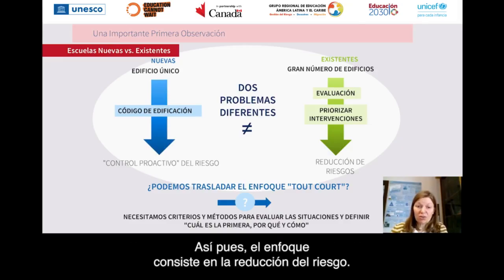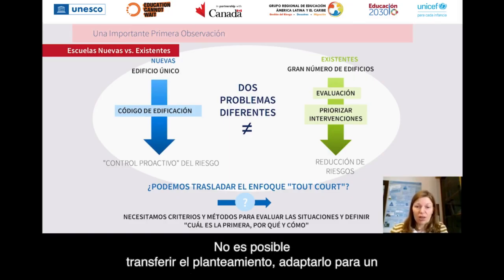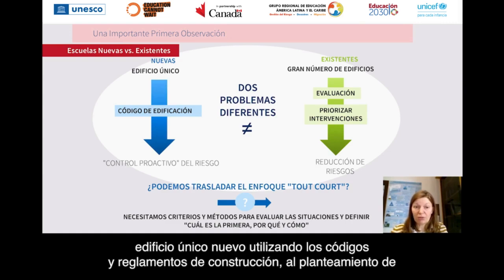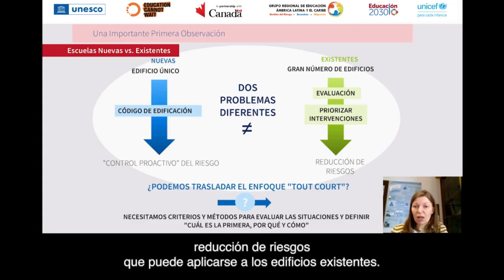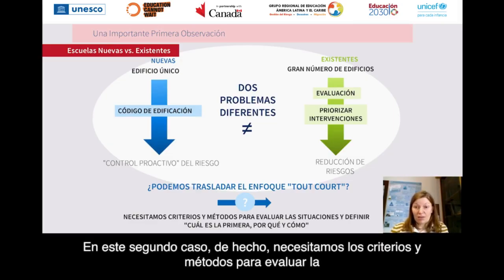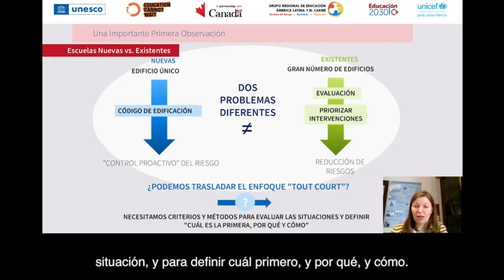So the approach consists in risk reduction. It is not possible to transfer the approach adopted for a single new building, using building codes and regulations, to the risk reduction approach that can be applied to existing buildings. In this second case, in fact, we need criteria and methods for assessing the situation, and in order to define which one first, why and how.